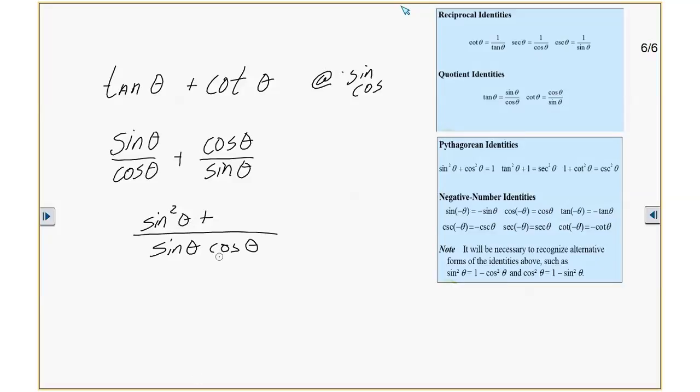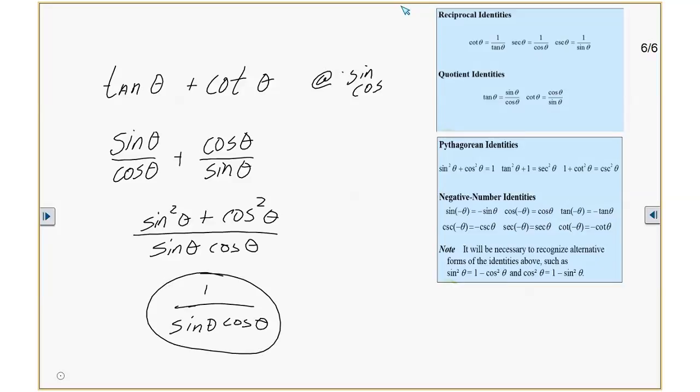Plus sine will go in cosine, sine cosine times, look up there, sine squared plus cosine squared. What is that? 1. Manipulation and rewriting.